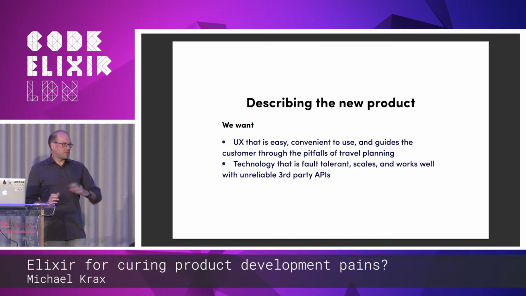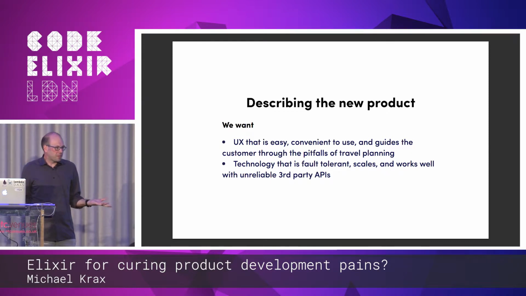Now, we don't care about those problems, right? Because you just want to travel to Rome. So we want to build a nice product with a nice, convenient user experience that hides all that complexity from the user. And we want a technology that is fault tolerant, scales, and works well with all those unreliable third-party APIs.